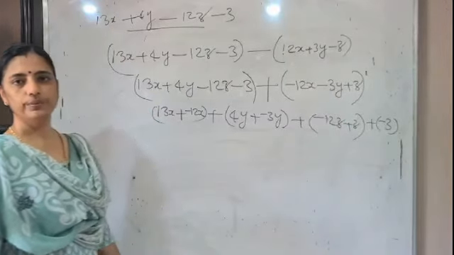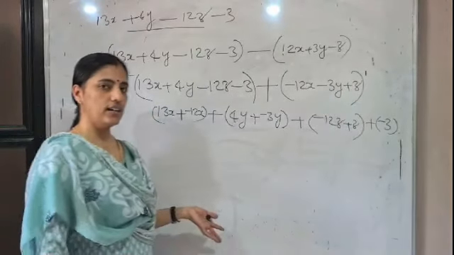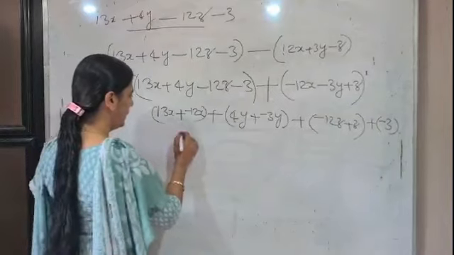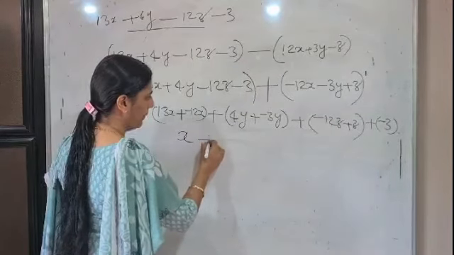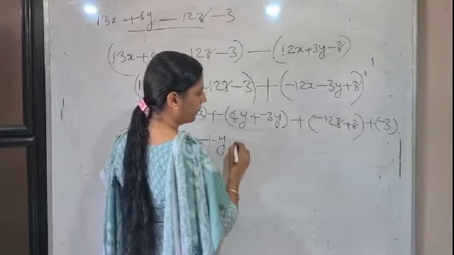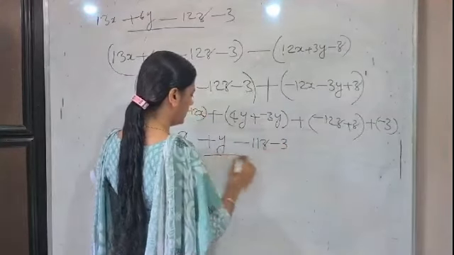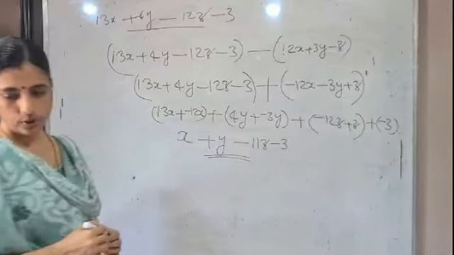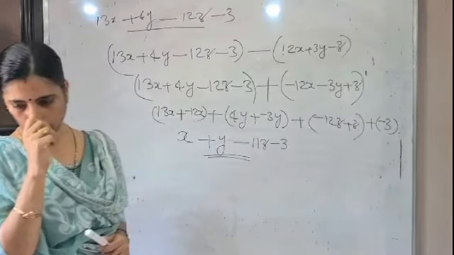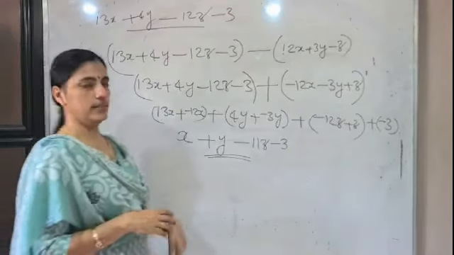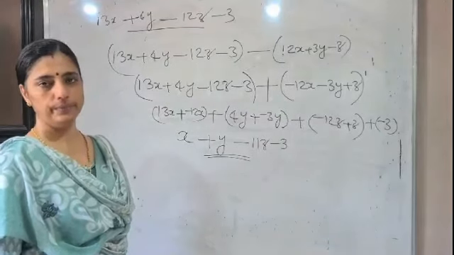Now you do and get the answer. Since you studied in 7th standard, this will be easy. x plus y minus 11z minus 3. This is the answer. You may take 2 steps, but at last we all will get the same answer. Yes, this is the answer. Got it?